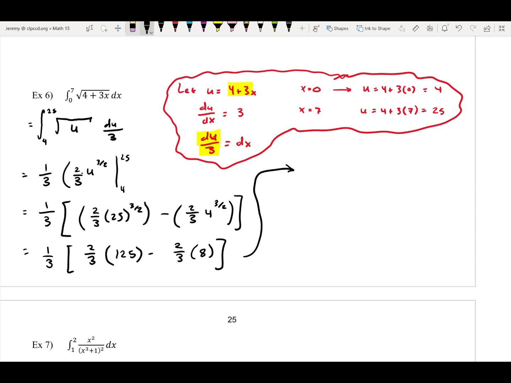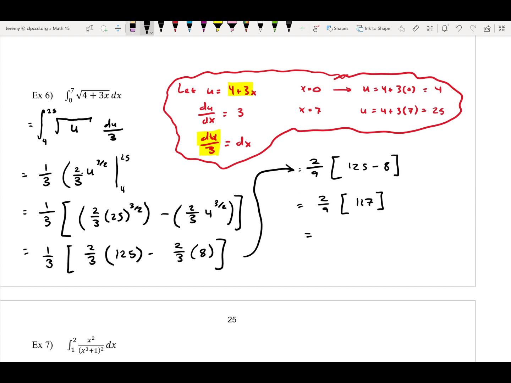Okay, and then you could simplify this however you deem fit. I'm inclined to pull out this 2/3. I could write this as 2 over 9, and then just 125 minus 8. I don't want to deal with multiplying out more fractions than I need to. So 2 over 9 times, I'm getting 117.